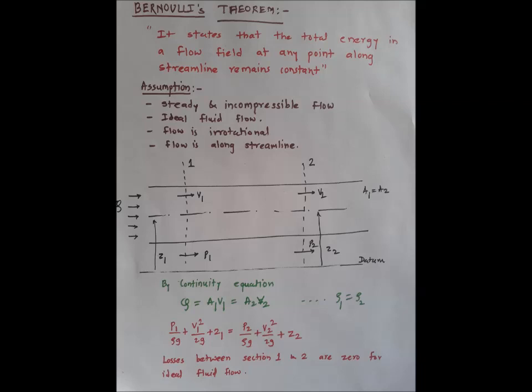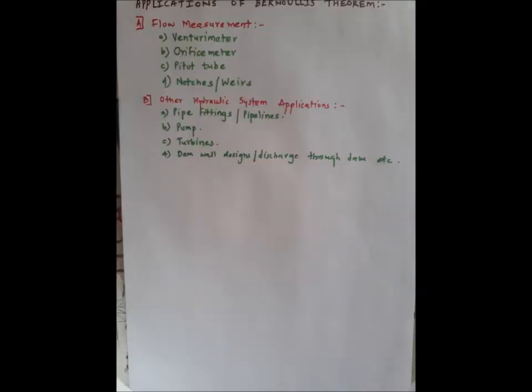So by applying Bernoulli's theorem, we will get the equation P1 upon rho g plus V1 square upon 2g plus Z1 is equal to P2 upon rho g plus V2 square upon 2g plus Z2. The losses between section 1 and 2 are 0 for ideal flow.